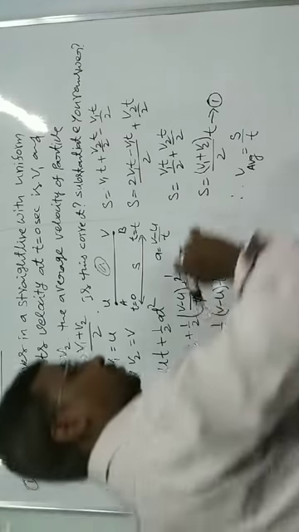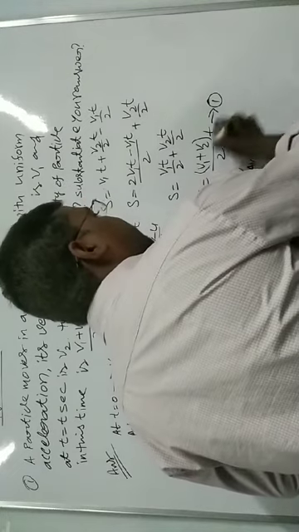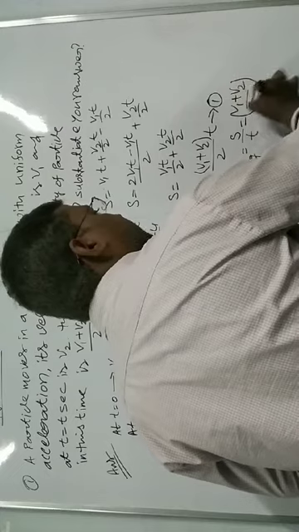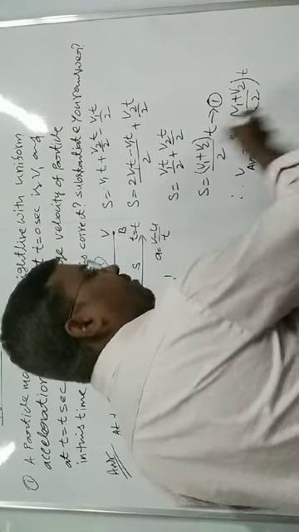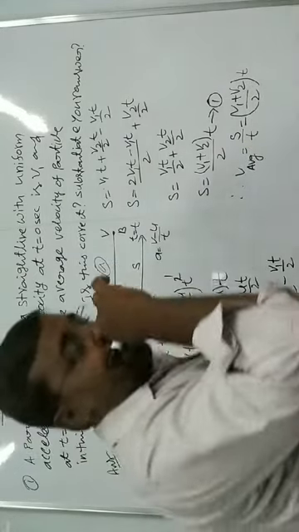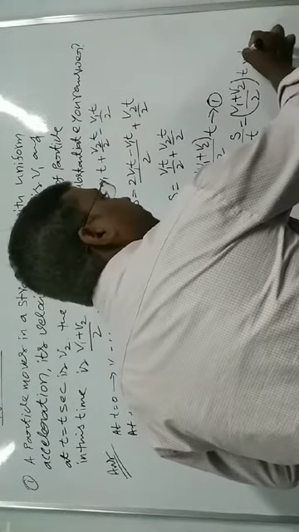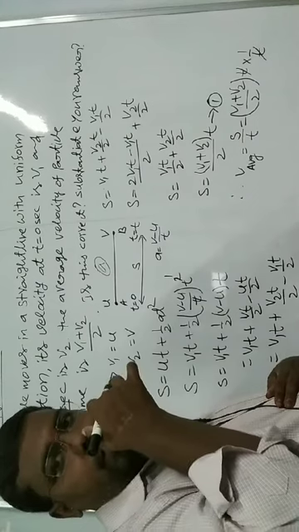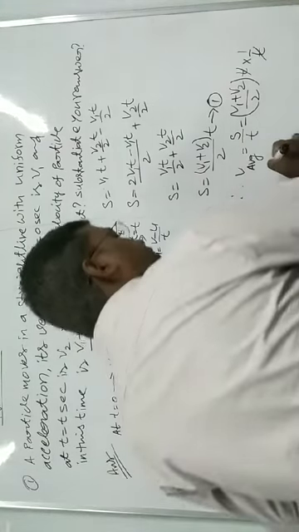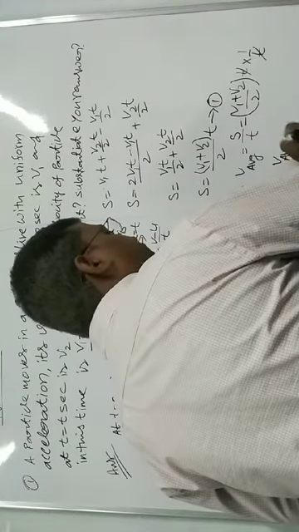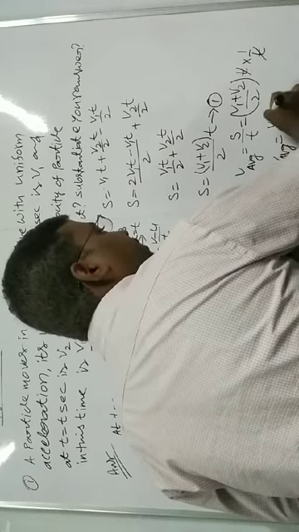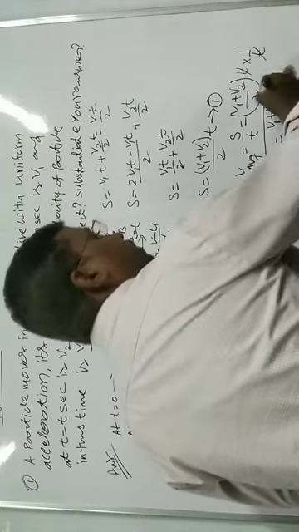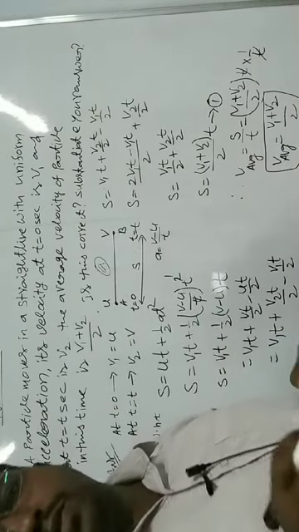Total displacement is (v1 plus v2) by 2 into t, and we multiply with 1 by t. T will get cancelled. Then we write v average is equal to the remaining (v1 plus v2) by 2.